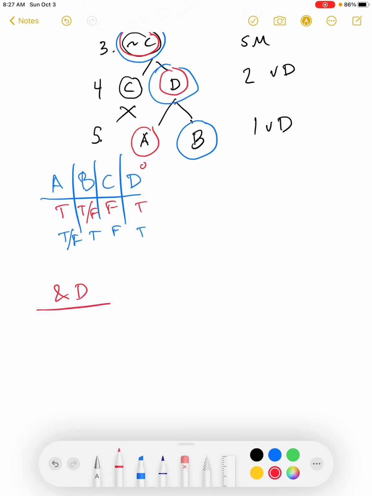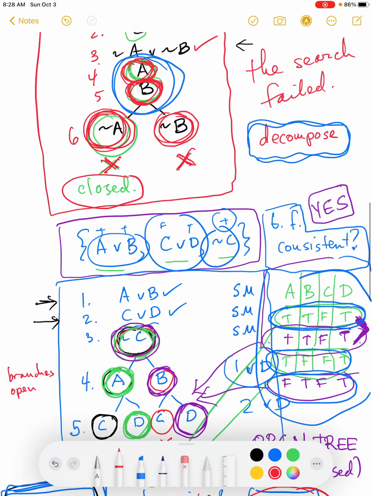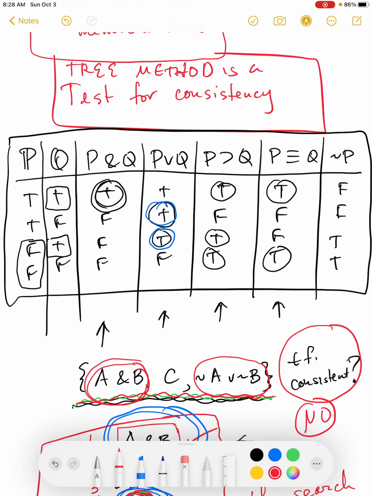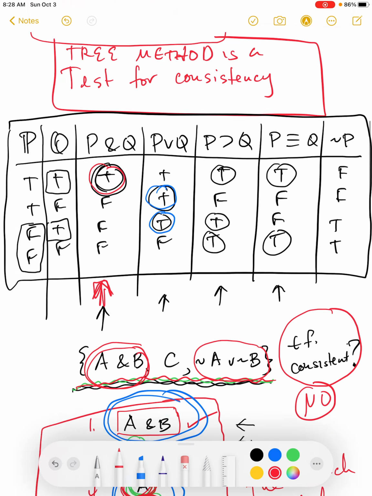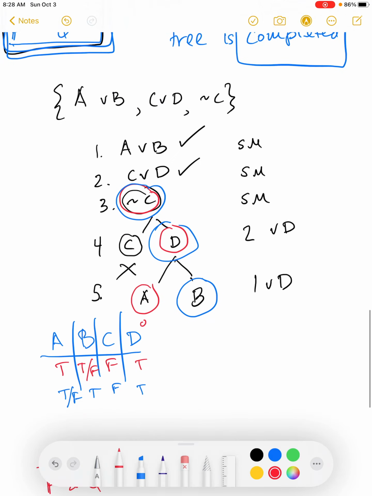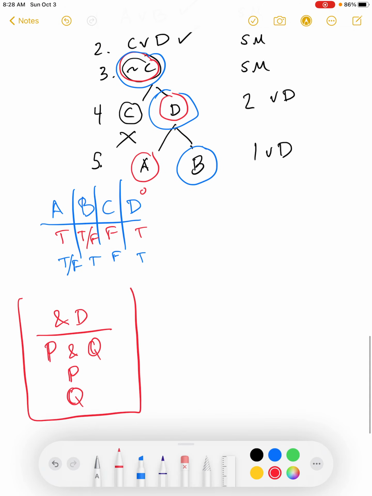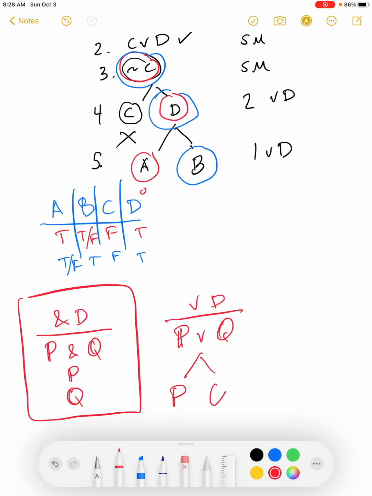Conjunction decomposition tells us that if we encounter a conjunction on our tree, we decompose it by listing the two conjuncts because, and again, this comes directly from the characteristic truth table for the conjunction, right? There's only one way that a conjunction is true, that is when both conjuncts are true. So that's the rule for conjunction, and the one for disjunction is P or Q. We have P, Q, and we check these when we decompose them.